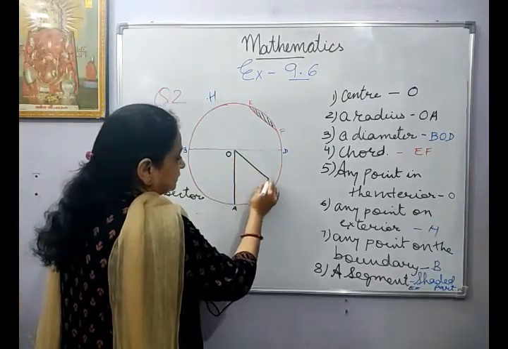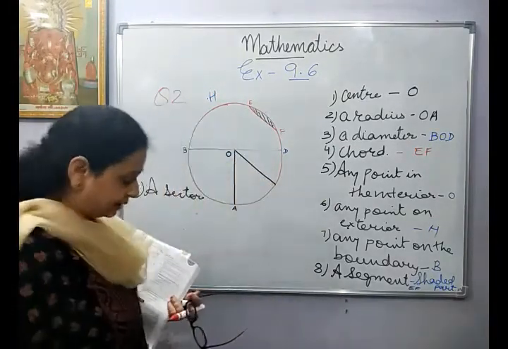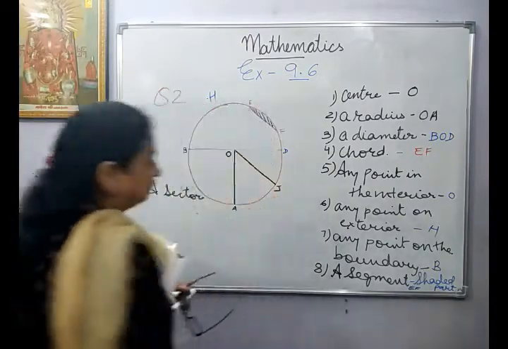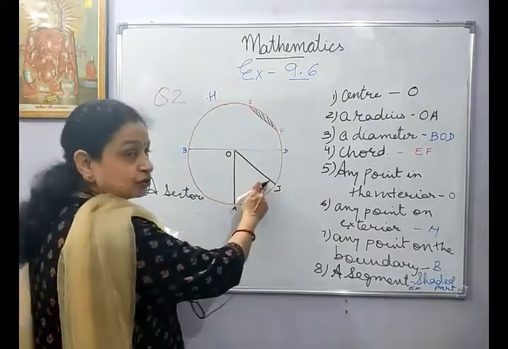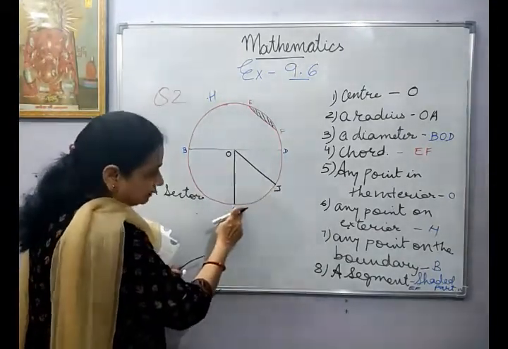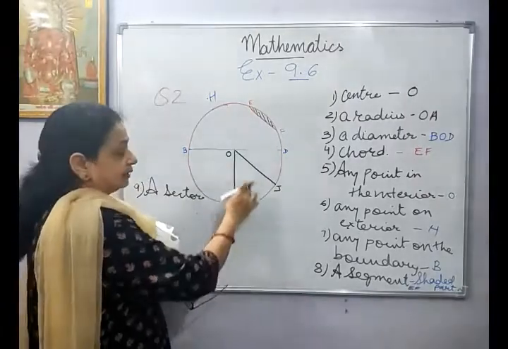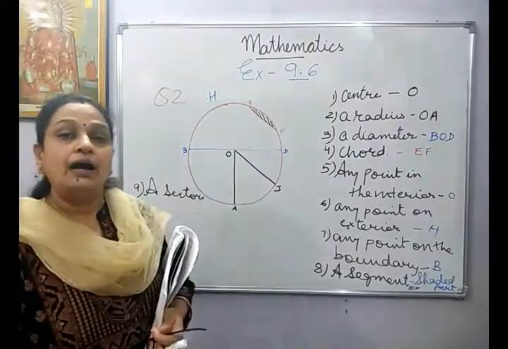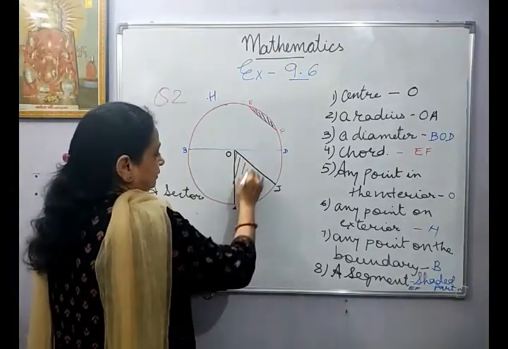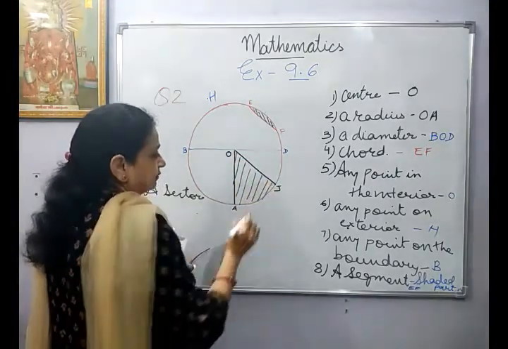Suppose I take the second one and mark it J. These are the two radii. The center joined through these radii to these points on the arc is called your sector.